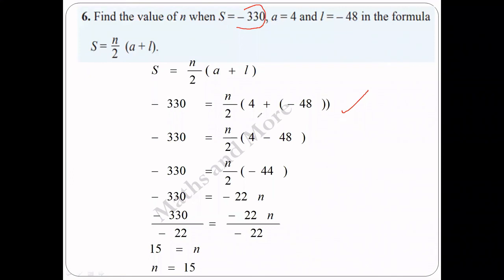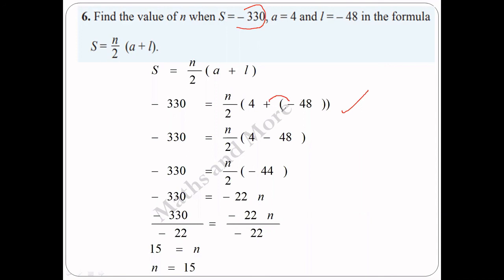Now, how to do these calculations? Minus 330 equals n over 2. You can simplify this part. Plus 4 is there. Plus minus means minus. Plus into minus is minus.